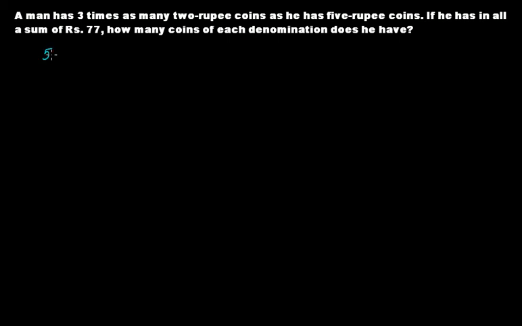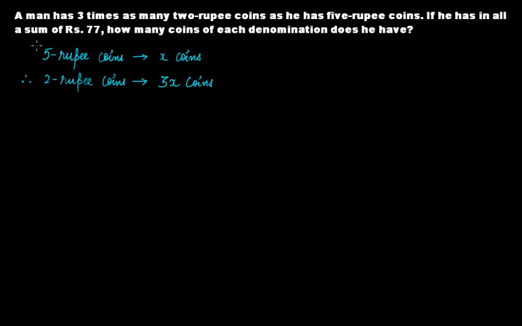So if we assume, let the quantity of 5 rupee coins be x coins. If 5 rupee coins is x coins, what will be the quantity of 2 rupee coins? That will be 3x, because it is 3 times the quantity of 5 rupee coins.